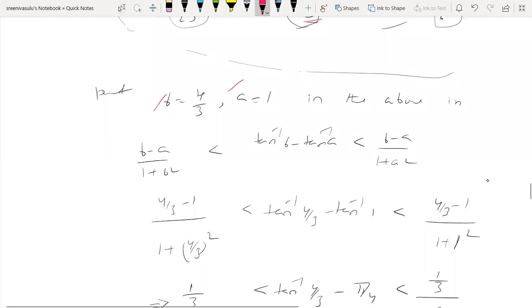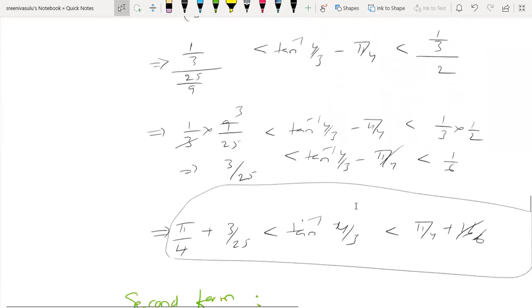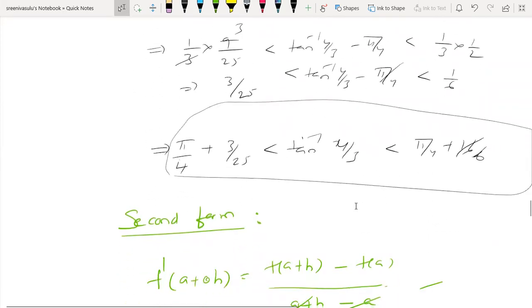Our proved result is (b−a)/(1+b²) less than tan⁻¹b − tan⁻¹a less than (b−a)/(1+a²). Substituting b = 4/3, a = 1 throughout the inequality, finally we get the required answer in this manner. Okay, this is an important problem.